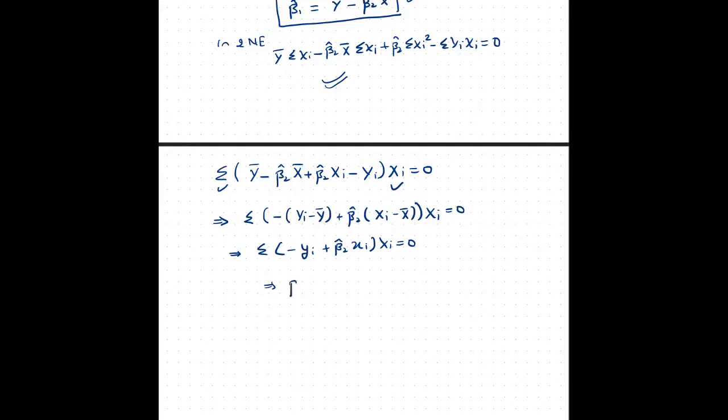So this implies beta 2 hat is equal to summation yi xi upon summation xi square. So from here we have found beta 2 in deviation form.